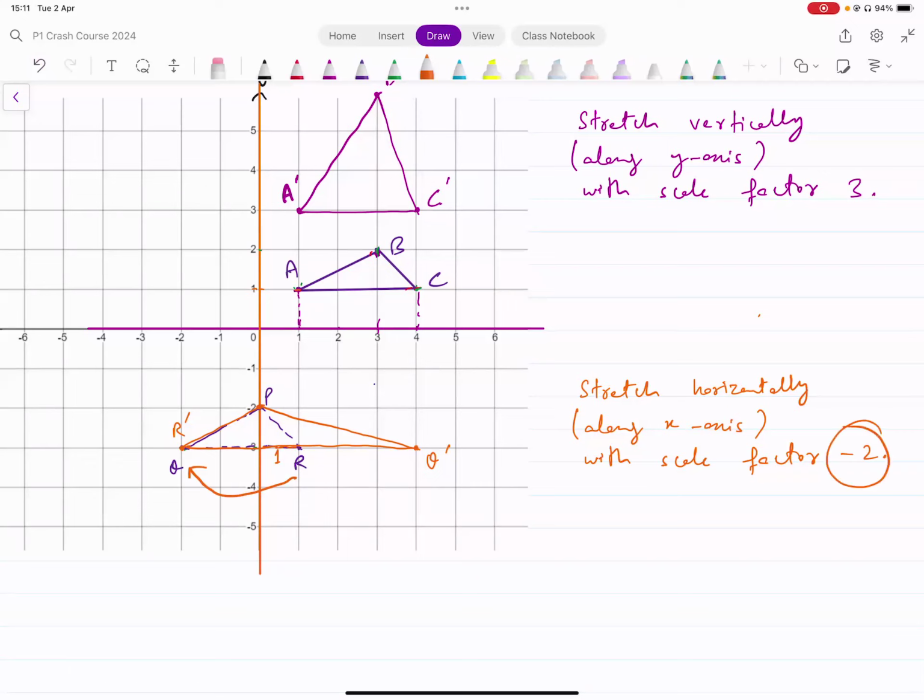So whatever this point is, its x coordinate gets multiplied with -2. It goes on the other side. So it's 1 unit on the right side. It goes 2 units on the left instead. Okay, so our point goes on the left side like this. This is 1 unit on the right. It goes 2 units to the left here. So make sense?